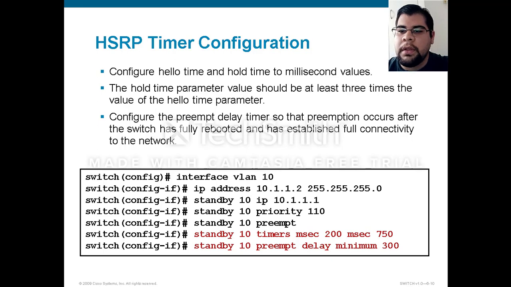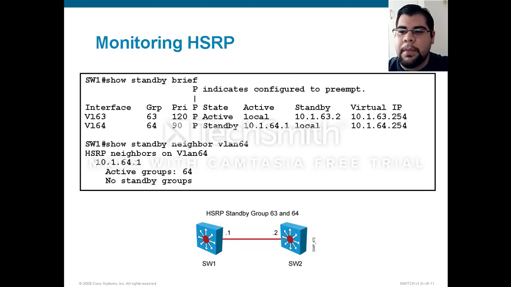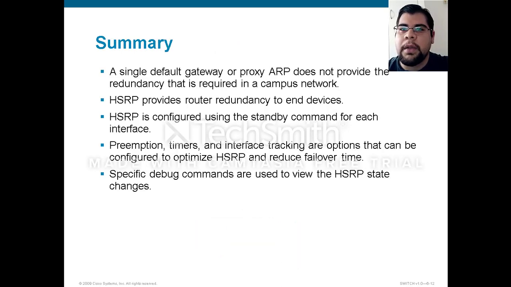We should set the timers at least 10 times every 200 milliseconds. We can of course monitor HSRP with the command show standby brief, and we indicate the configured preempt.